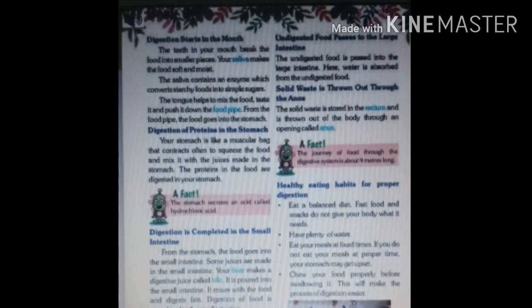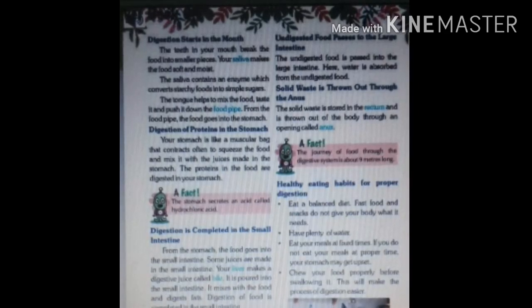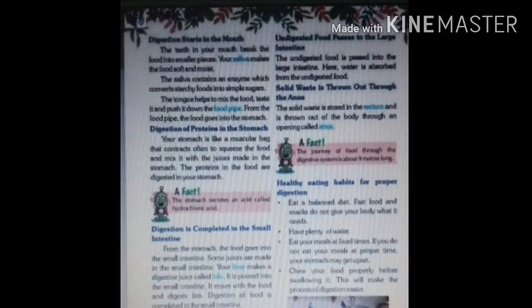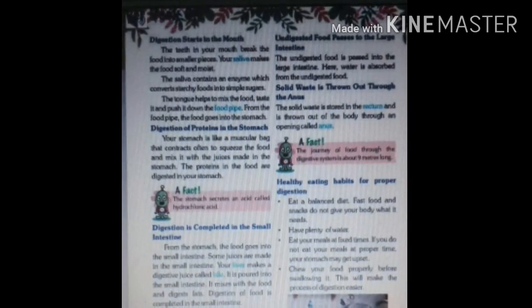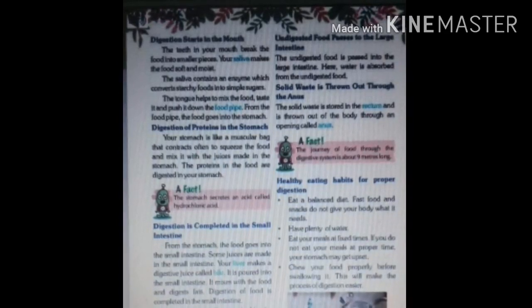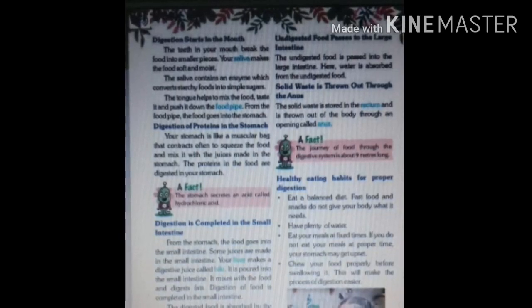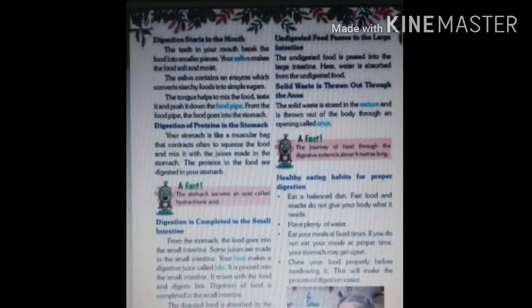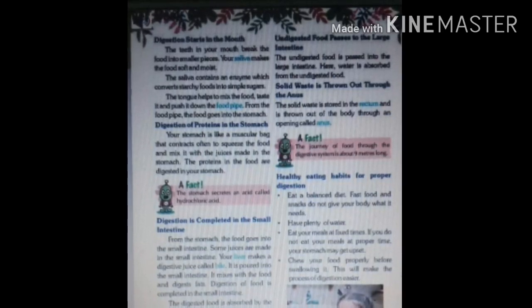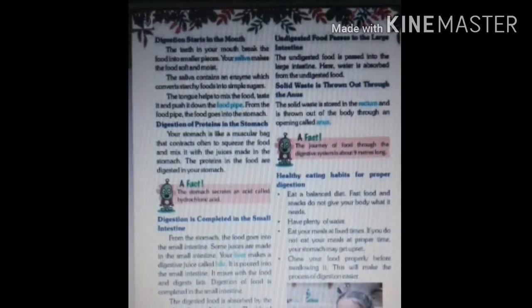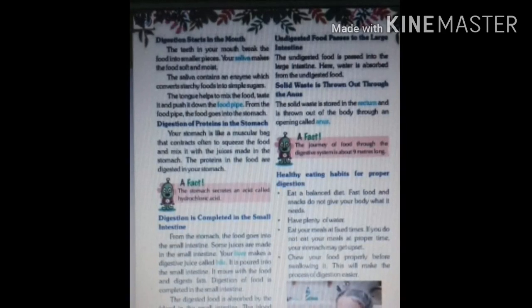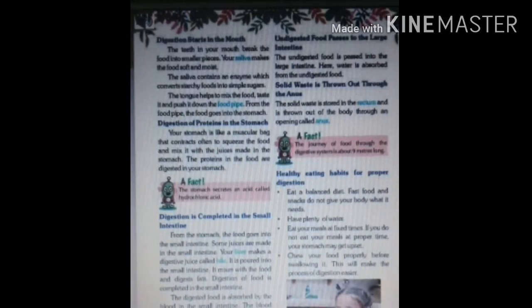After the digestion takes place in the stomach, the food goes into the small intestine. Some juices are made in the small intestine also. Your liver makes the digestive juice called bile.